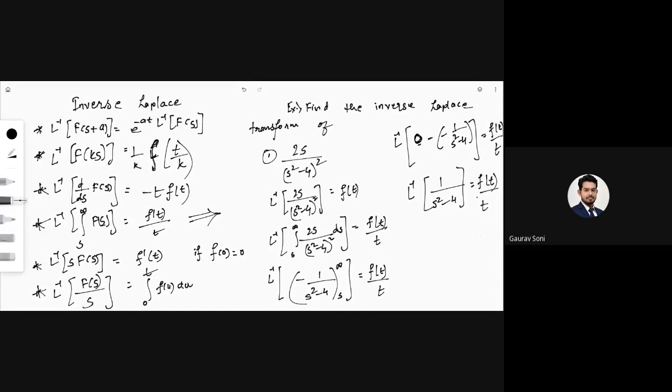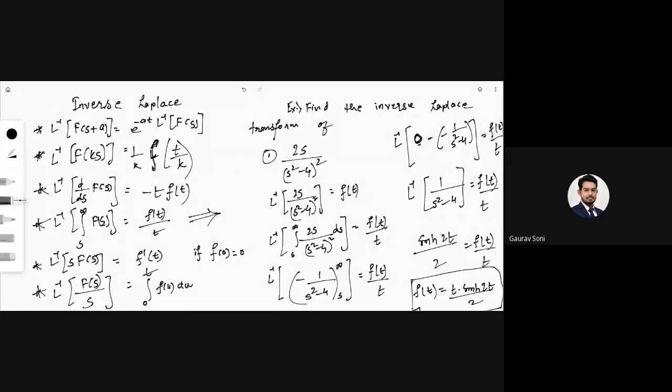Now Laplace inverse of 1 upon s square minus 4 is sinh of 2t divided by 2, equal to f of t by t. So f of t is equal to t sinh of 2t divided by 2. This is our final answer.